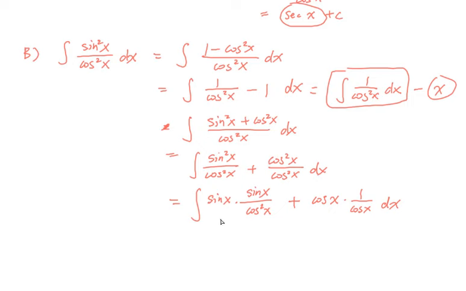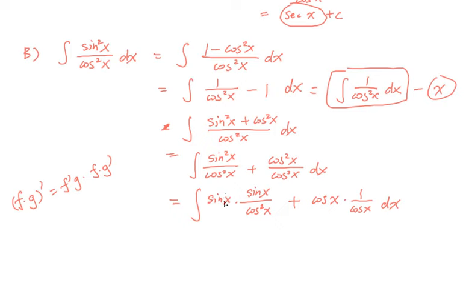So let's examine it. What is the derivative of f times g? It's going to give you f prime times g plus f times g prime. Actually I'm going to rewrite it the other way: f times g prime plus f prime times g. So can we recognize the f and g here? We have sine of x.